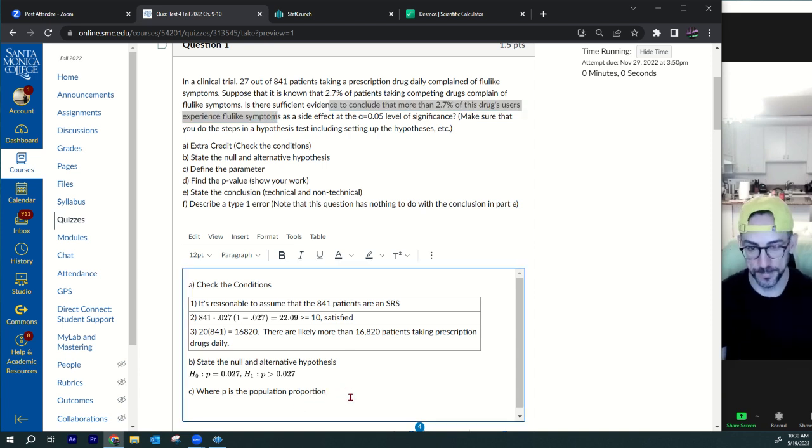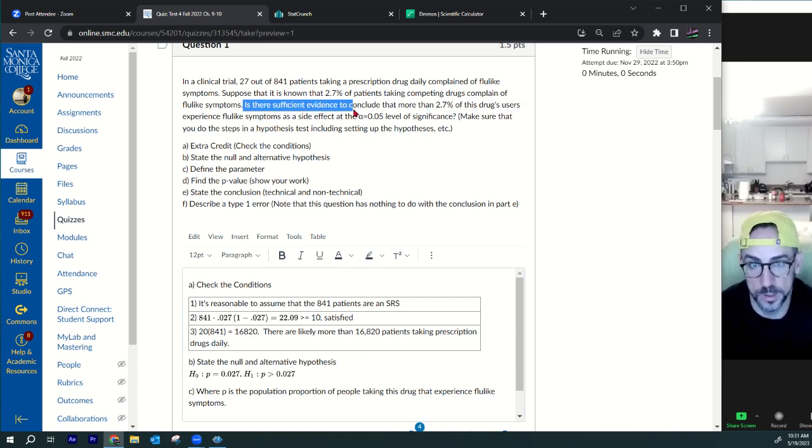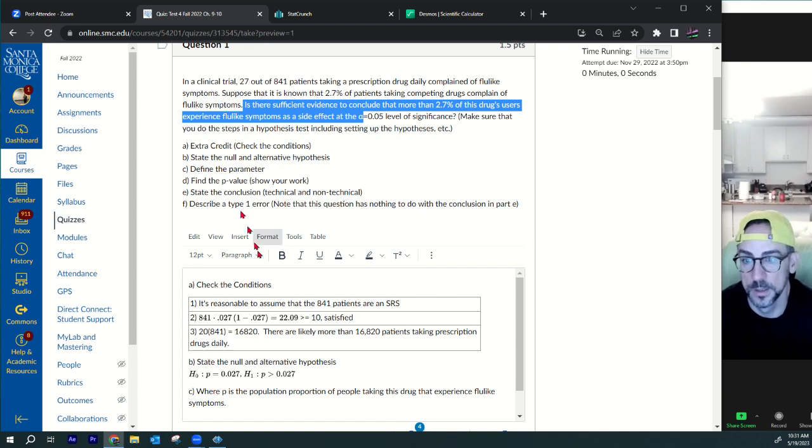Population proportion of people taking this drug that experience flu-like symptoms. That's the hard part. You have to figure out what the population parameter represents. You can kind of see it by looking at the questions and things. Okay.